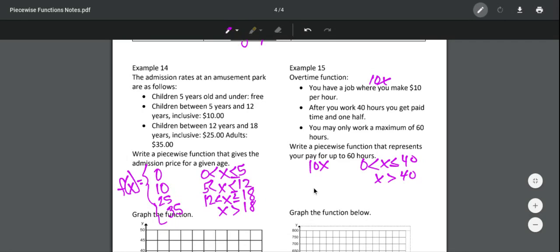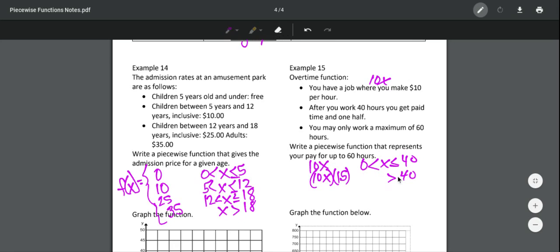Well, what does that mean? It means that I take this 10 times x and I multiply it by 1.5. So I could clean that up and say that 10 times 1.5 is 15x. I could write it as 15x, or I could leave it like this. And then it says you may only work a maximum of 60 hours. So really this isn't correct, because we wouldn't say x is greater than 40 because we can't go forever.